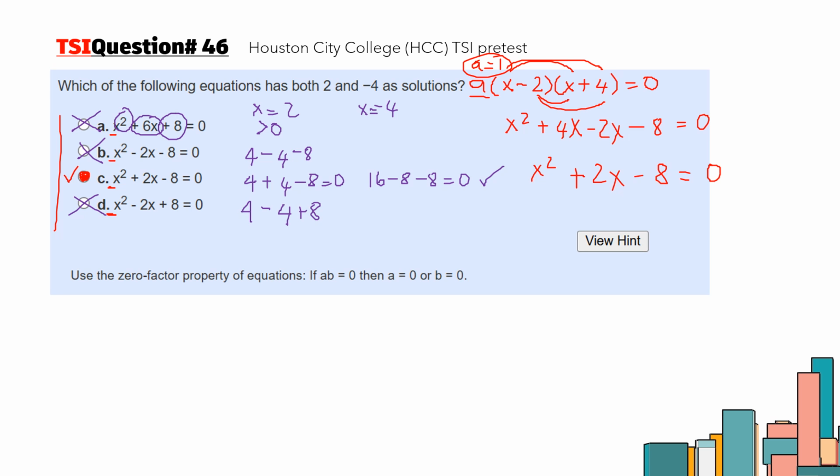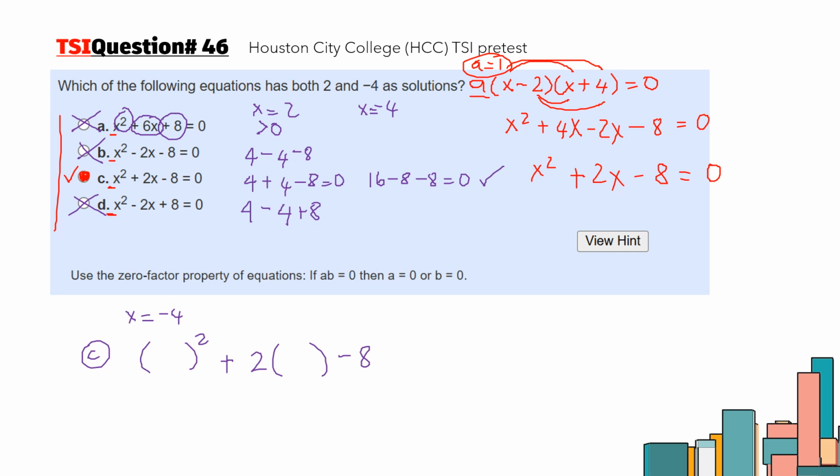When you plug in, make sure you use parentheses. For example, with C and x equal -4, I write x inside the parentheses squared, plus 2 times parentheses for my x, and then minus 8.